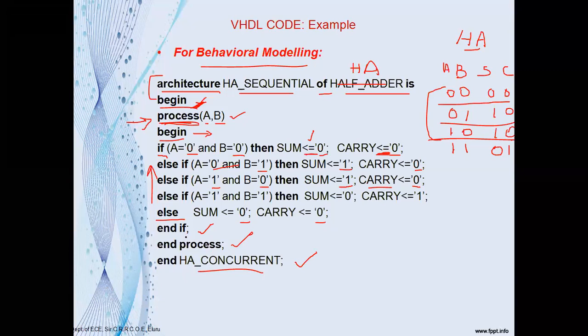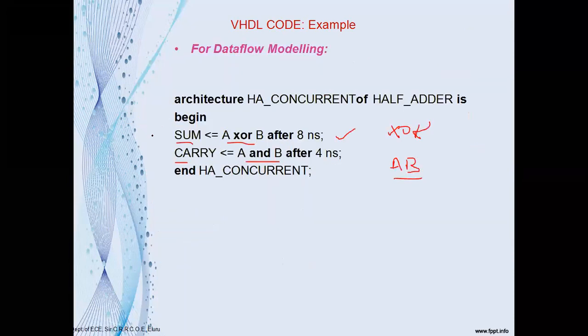If you see the data flow modeling, we will go back to the data flow. Now see here in the data flow, you have two outputs, sum and carry. These two are concurrent statements. So that's why in this example, for our understanding, the architecture has the name half adder concurrent. It is not necessary to specify that, but for understanding purposes.